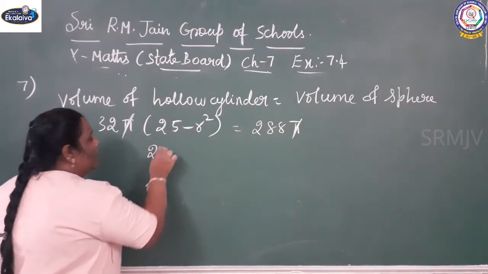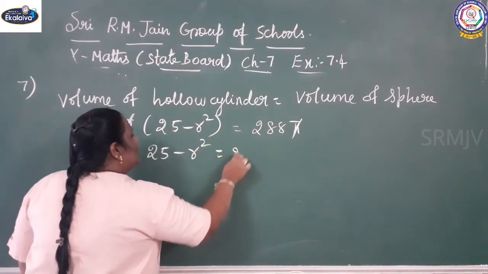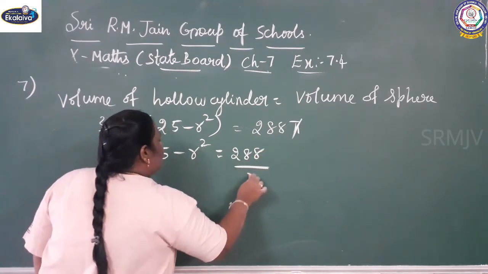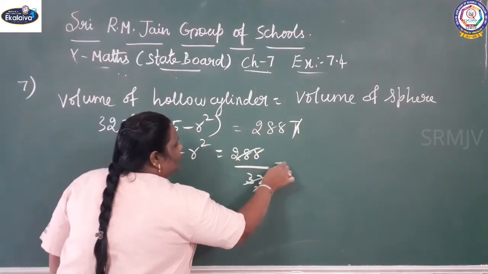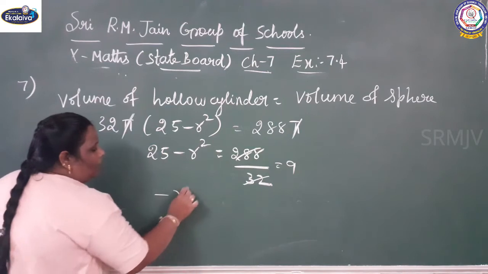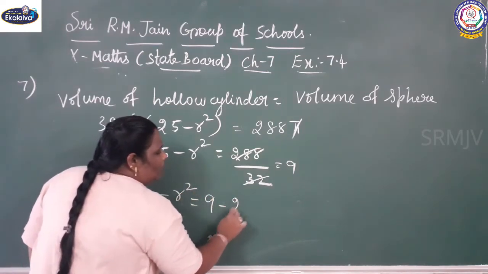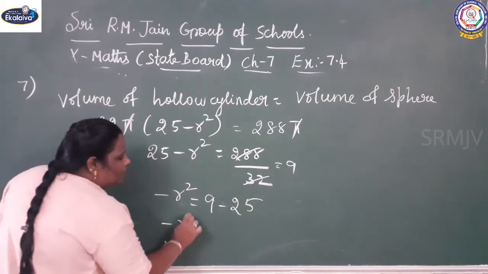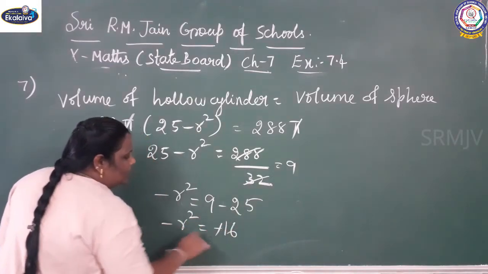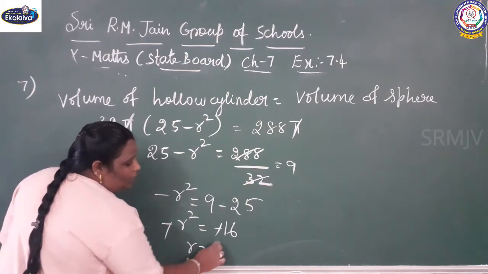25 minus r square equal to 288 by 32. You cancel the term. It is equal to 9. So 9 minus 25, minus r square equal to minus 16, r equal to plus or minus 4.